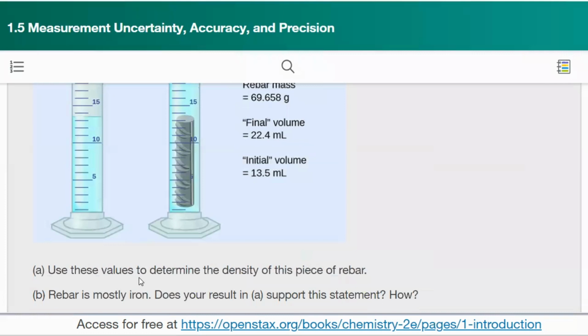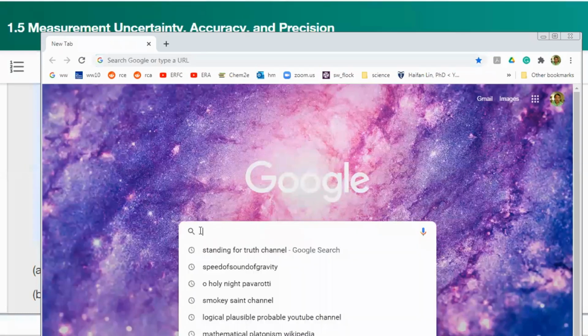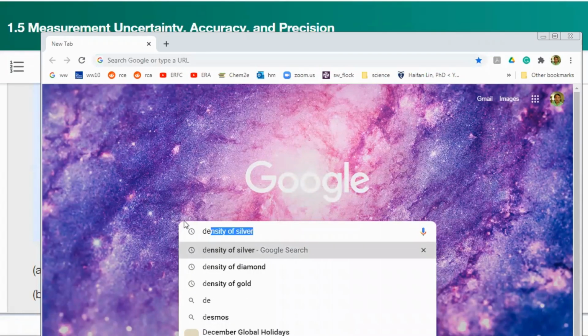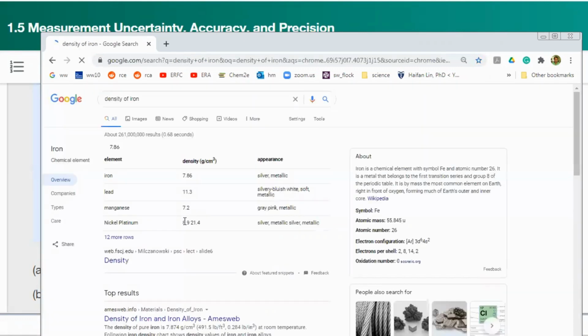Rebar is mostly iron. Does your result support this statement? How? Okay. One way we can resolve this is to go to Google. Let's look up the density of iron. Density of iron is 7.86 grams per cubic centimeter.